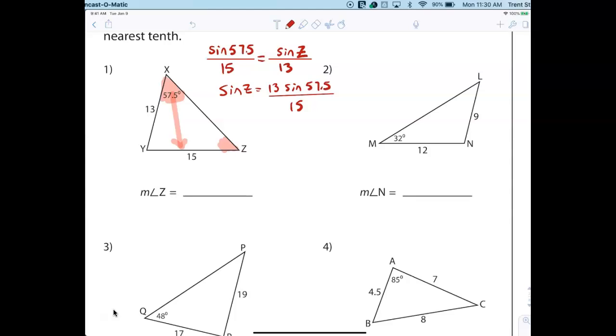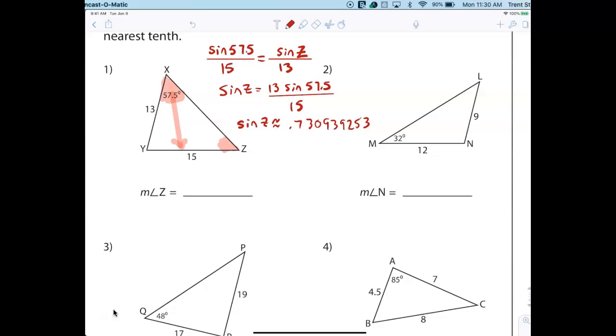So now I want sine Z, which is roughly, what is that about? 0.7, blah, blah, blah. 0.7309. Okay, that doesn't help me. That's just telling me the ratio.